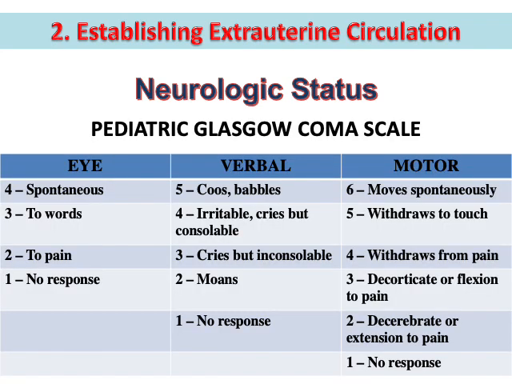This is the Pediatric Glasgow Coma Scale. It has 3 parts, mainly the eye, the verbal, and the motor. Eye has a perfect score of 4, which means the eye is spontaneous. Verbal has a perfect score of 5.